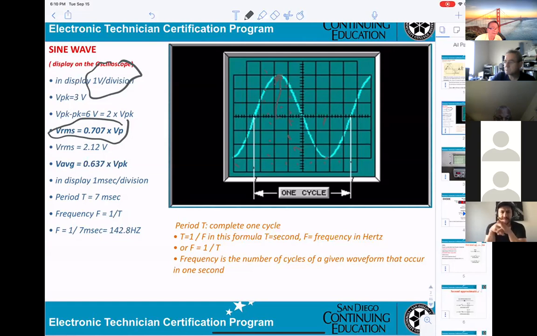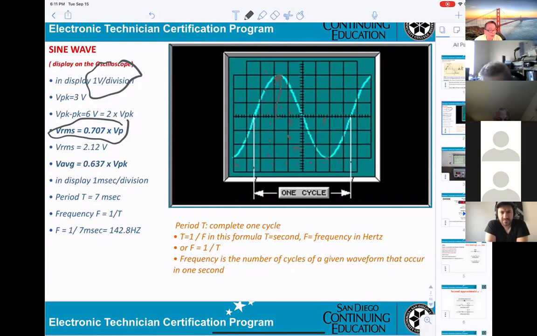In the display, 1 millisecond per division. Okay, so if you want to calculate the period, for the time, 1 division here is 1 millisecond. If they want to know the one cycle or period, you can count 1, 2, 3, 4, 5, 6, a half, and a half means 7. 7 times 1 millisecond.